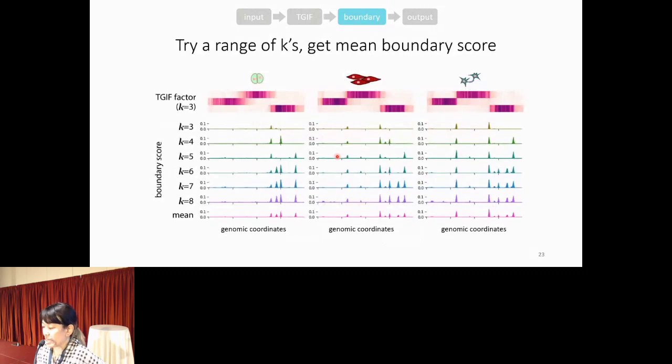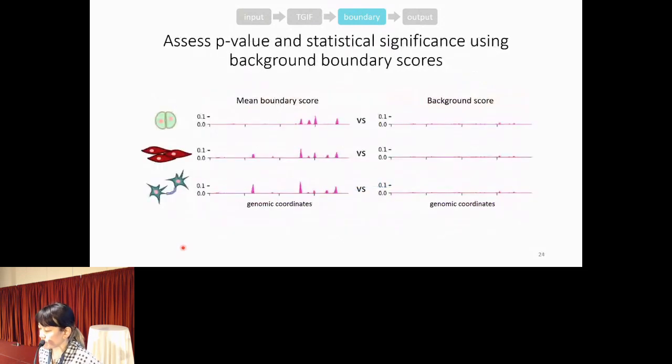Since we don't know how many TADs or clusters of interacting genomic regions are in a given chromosome, we sweep this hyperparameter K, which is the smaller dimension of the factors, for each of the submatrices we are applying TGIF to down the diagonal of the input Hi-C matrices. Then we take the mean boundary score across these Ks for each genomic region. This is one of the intermediate outputs of our pipeline.